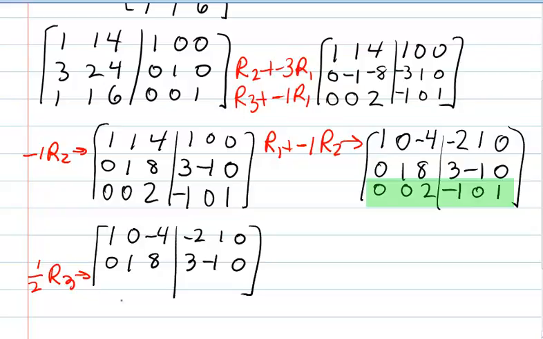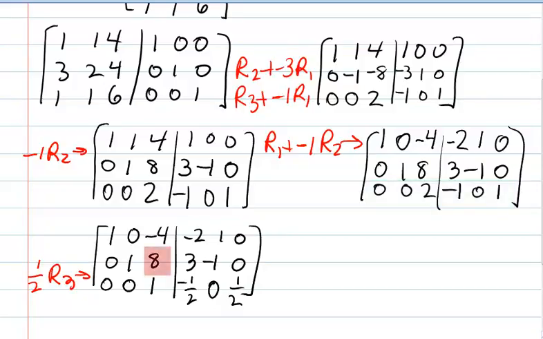And going across the row, times 0, times 0, 1/2 times 2 gives me the 1. Negative 1/2, 0, positive 1/2. So 2 more row operations and I'm going to be done.